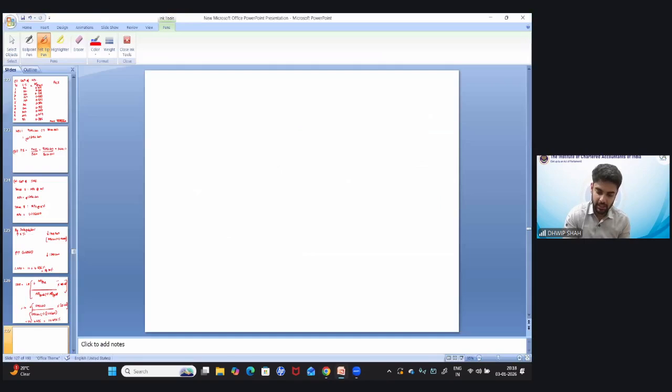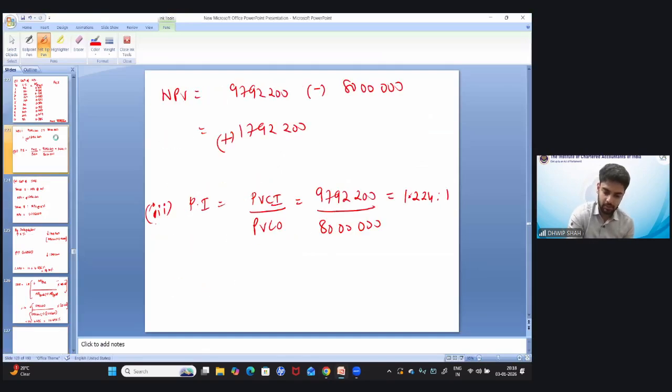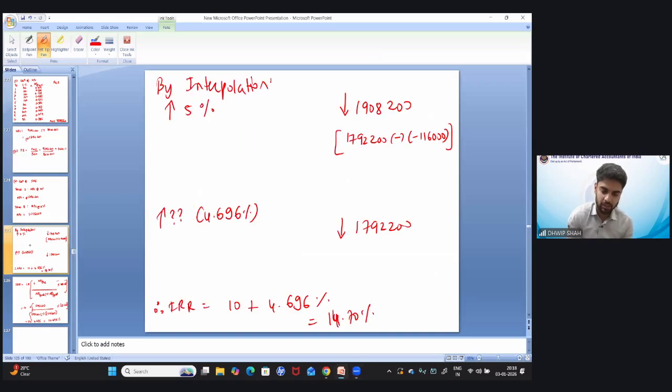You can write like this in the exam. By interpolation, this is the discounting rate. So you give a heading like this: discounting rate increased by 5%, and can I say this is nothing but NPV of point.